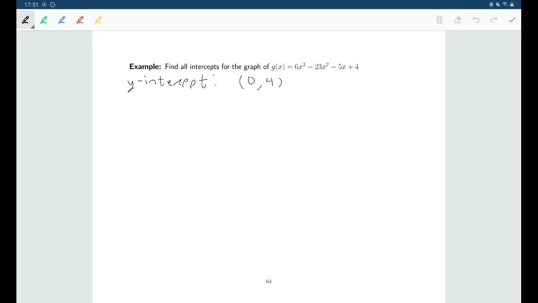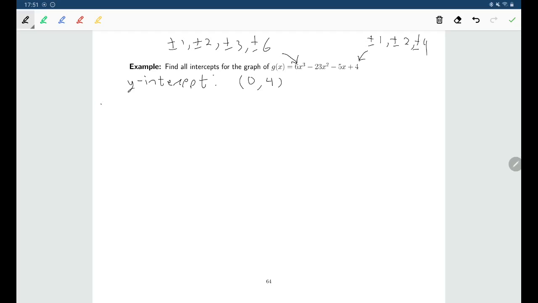And then for the x-intercepts, that's the same thing as finding the zeros. So for the x-intercepts, we're going to need to think about factoring this. And so this is where we're going to need to think about using the rational zero theorem. I'm looking at my leading coefficient and my constant term and the factors of those numbers.